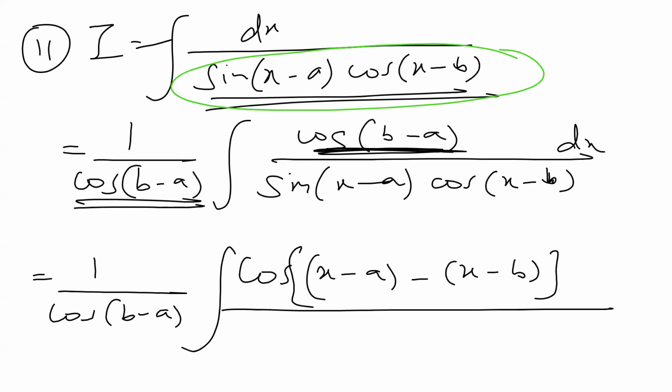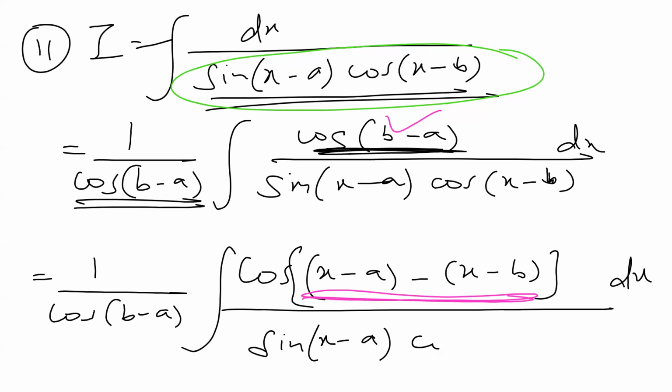If you solve this bracket, you will get b minus a. So understand this format, upon sine x minus a, cos x minus b. So this is a and this is b.